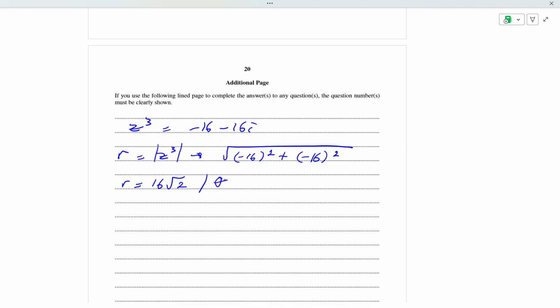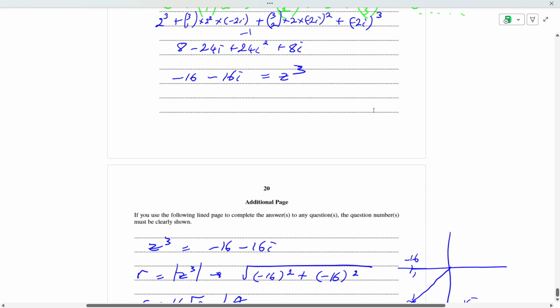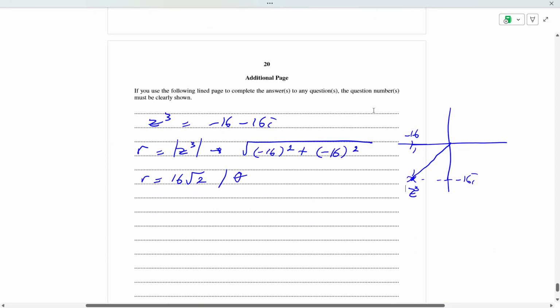Then for theta, it's basically the angle. You can draw your Argand diagram to the side: negative 16, negative 16i. That's where z to the 3 is. But remember, it says that it wants a value from negative pi to pi.